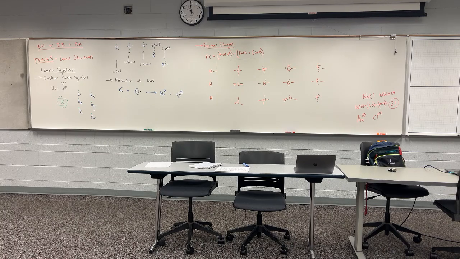We're neutral. We're designing a neutral atom. So, Joey, can you tell me how you did it? You get 8. And we're going to do 4 minus 0 plus 4.